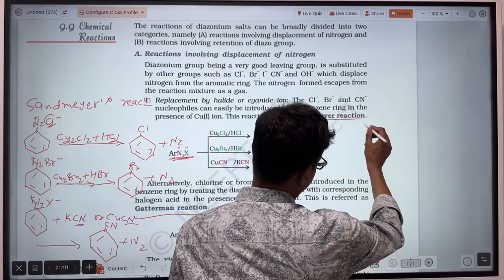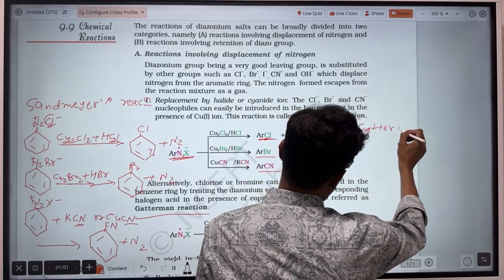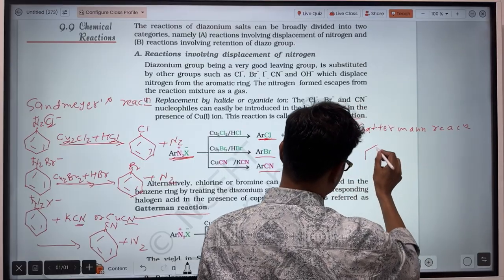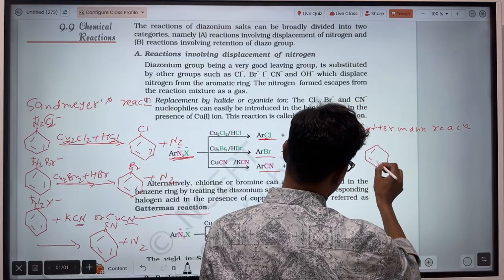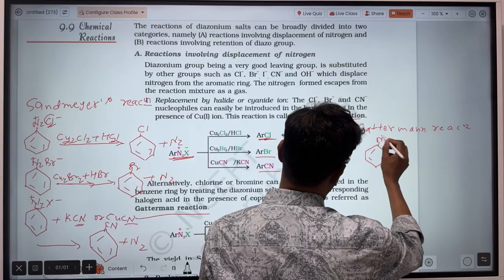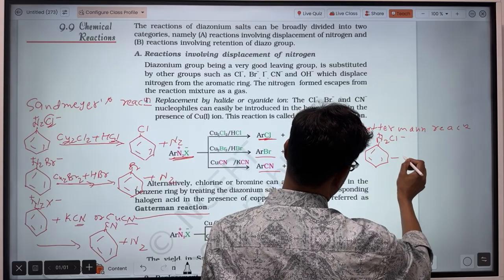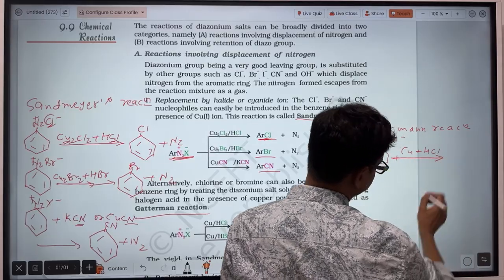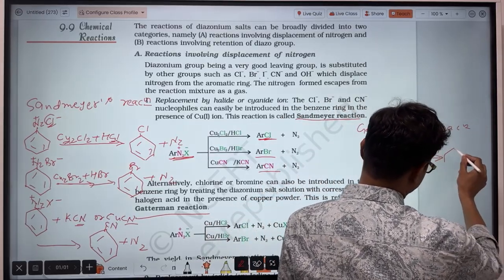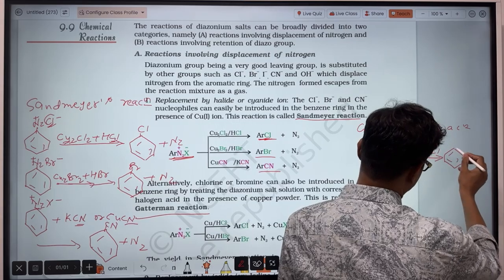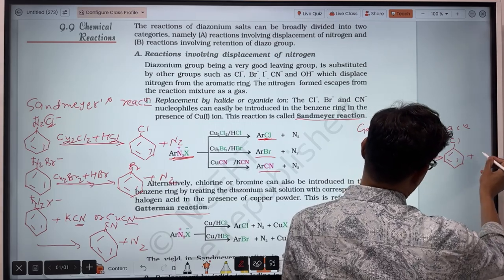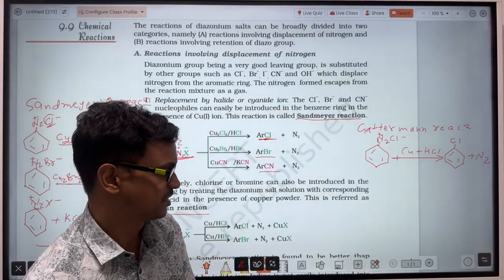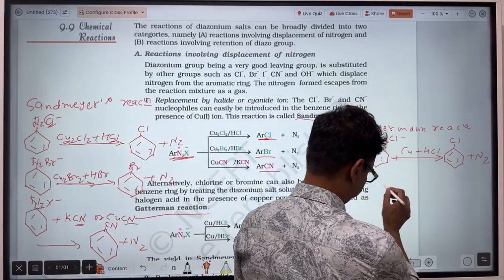And during the Gattermann reaction, we have to take this diazonium salt with copper and HCl. So the product will be the same, but the name of the reaction is different.